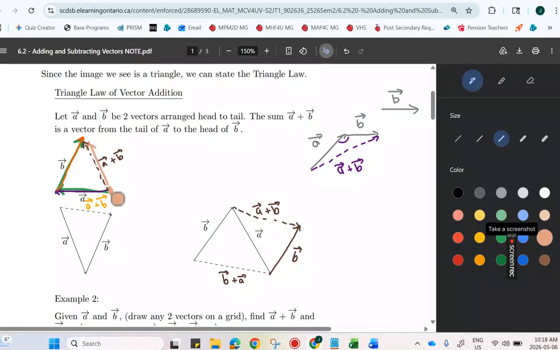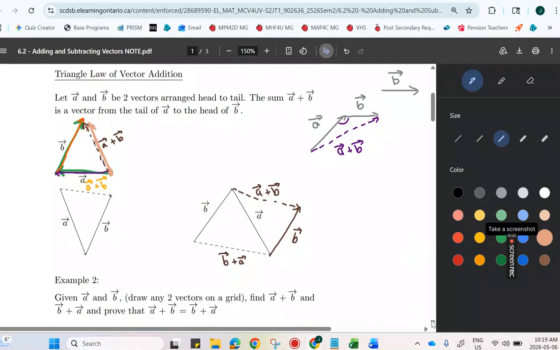So either you take vectors A and B, or you just take the shortcut, and that's our resultant vector, vector A plus vector B. So you can see here vector A plus vector B will give me vector A plus B.